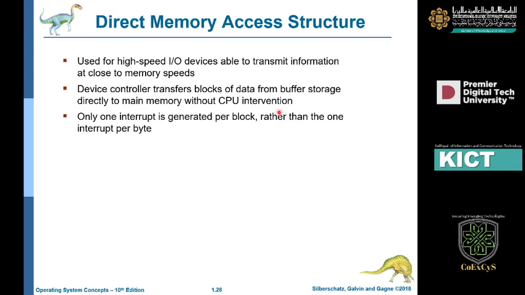It's used for high-speed I/O devices to transmit information at close to memory speeds. This allows faster interaction between a device and memory. Otherwise, you have to go through the CPU to move data. The device controller transfers blocks of data from buffer storage directly to main memory without CPU intervention.